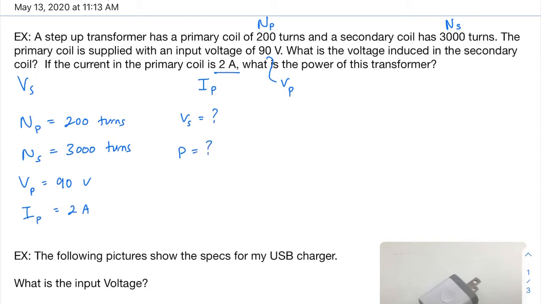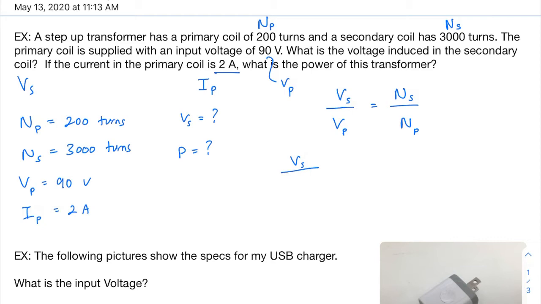So we know that the mathematical relationship for transformers is that the voltage of the secondary divided by the voltage of the primary is equal to the number of turns in the secondary divided by the number of turns in the primary. So it's just a simple ratio, and I can plug in what I know.